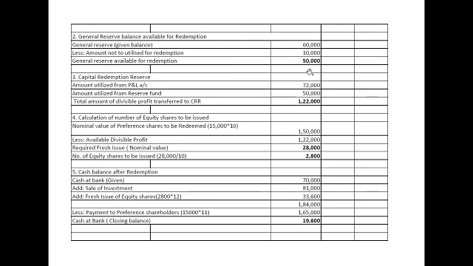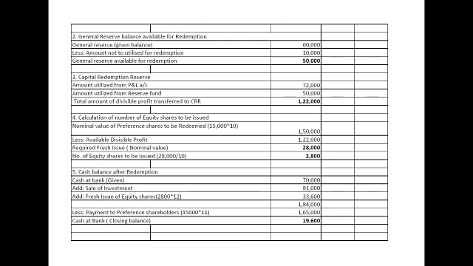working note. Second one, amount available from reserve fund is 50,000. So the total amount available from the existing fund is 1,22,000. So to the extent of 1,22,000, we now have sufficient funds.